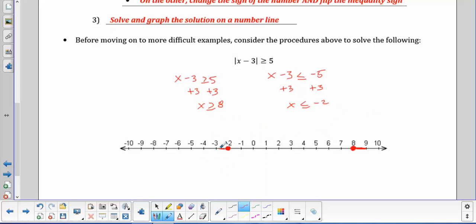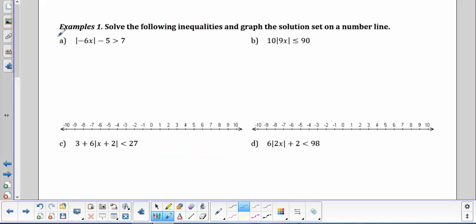If we start both of these, we can see what's going to happen. This is going to continue this way. The -2 is going to continue to the left. And we're going to shade in the opposite directions, which is what an OR inequality looks like. We are going to see examples where it'll shade in between two numbers, okay? Like I said, you just have to go piece by piece and take it as it comes, okay? Alright, let's jump right into this.